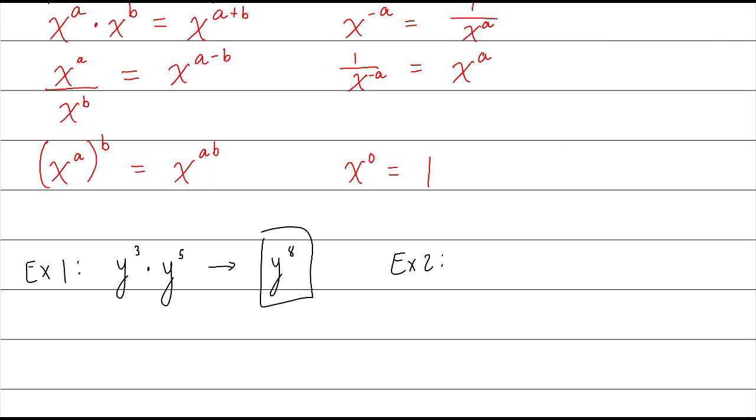What if I had x to the 5th power divided by x to the 4th power? It's division, so that means subtract the two exponents. 5 minus 4 is 1. That 1 is understood, so I'll just leave it off. It's just x.